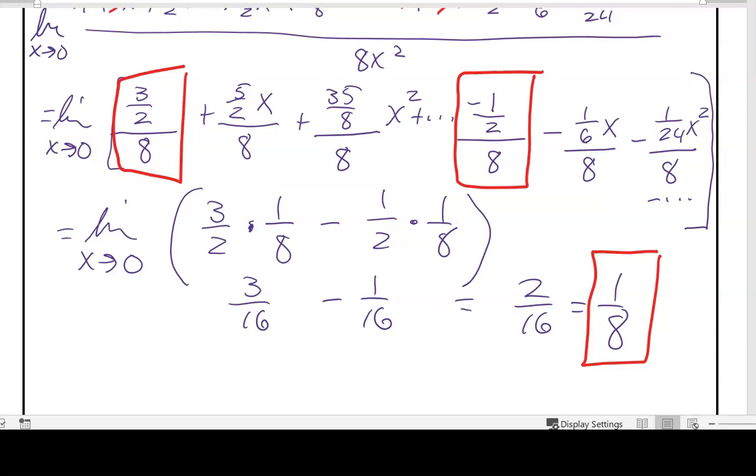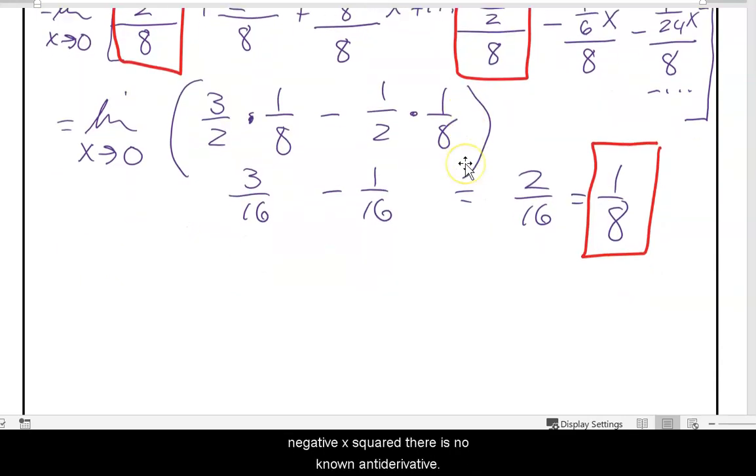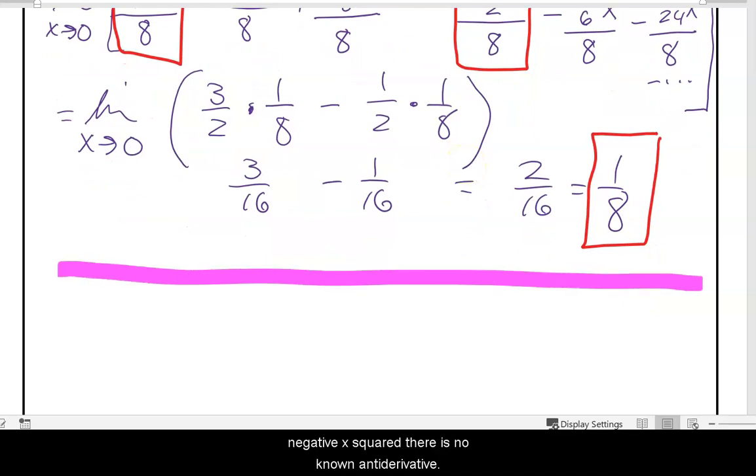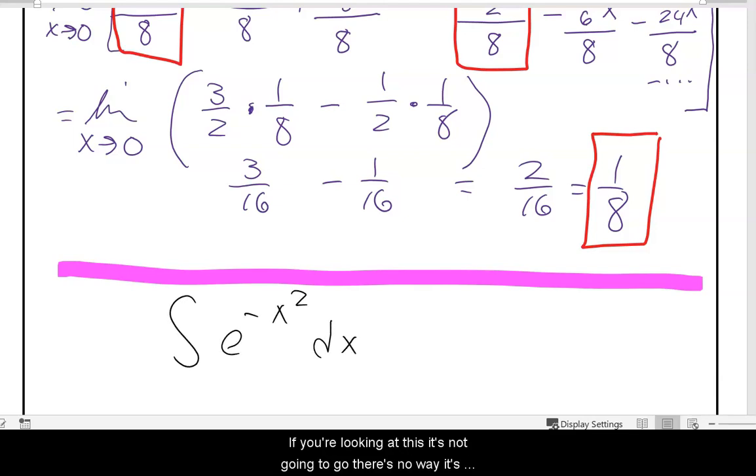For example, if you're thinking about the integral of e to the negative x squared, there is no known antiderivative. There's no way. It's a well-known function called the error function. We can, however, represent it with a power series.